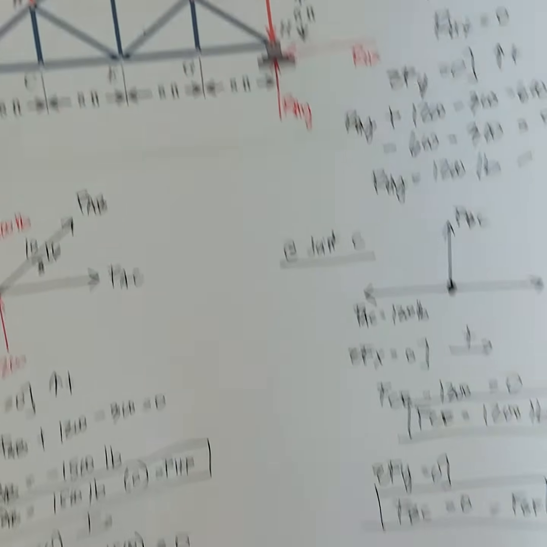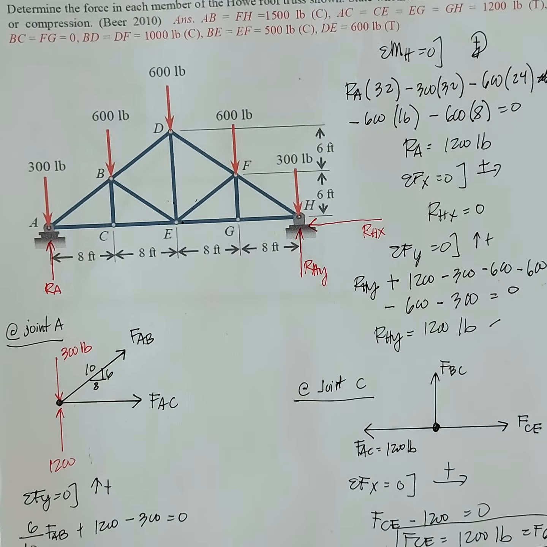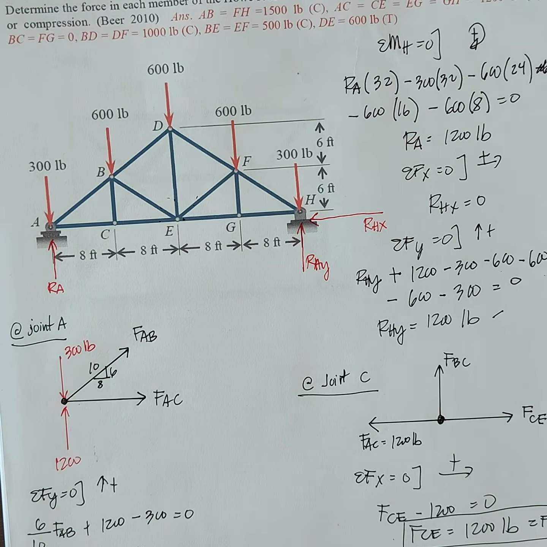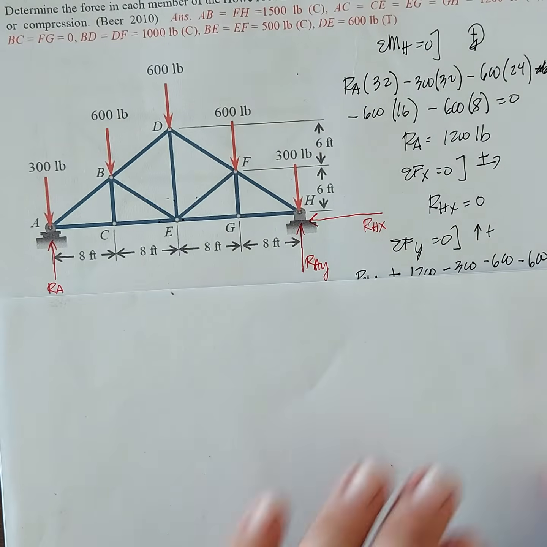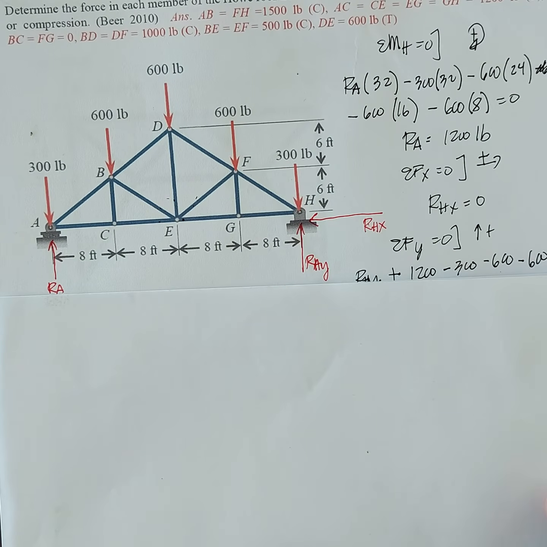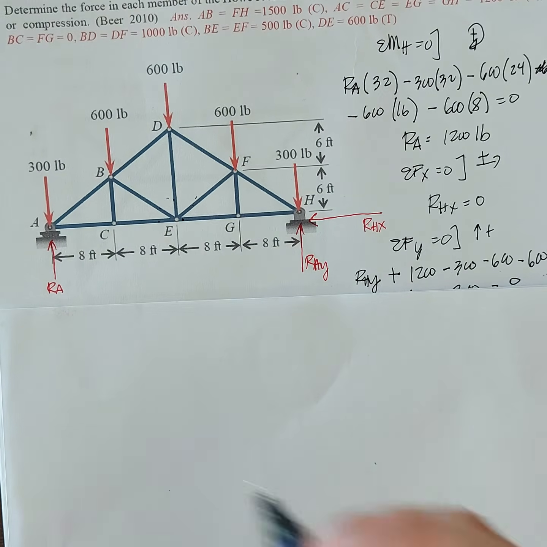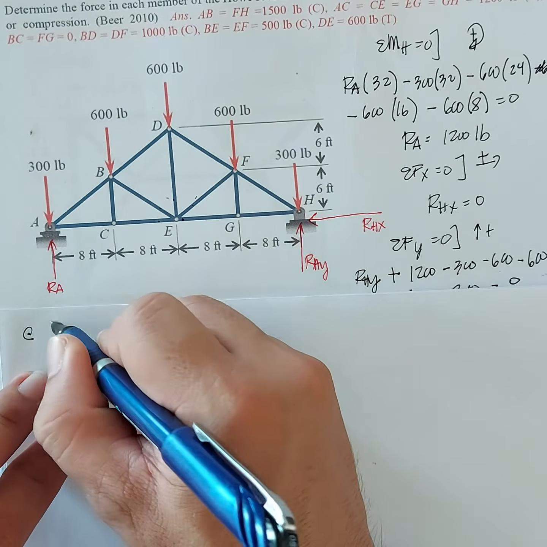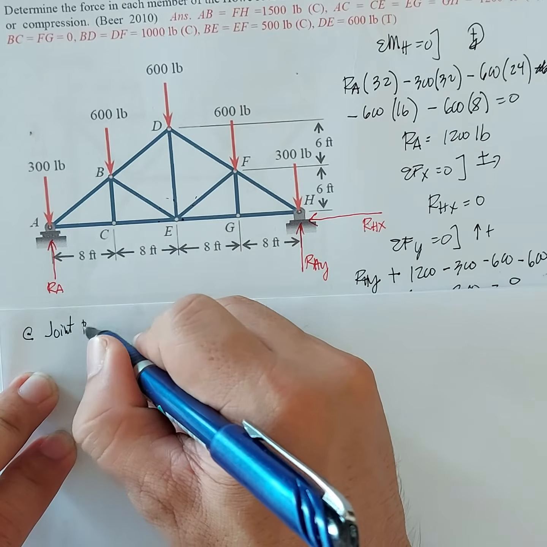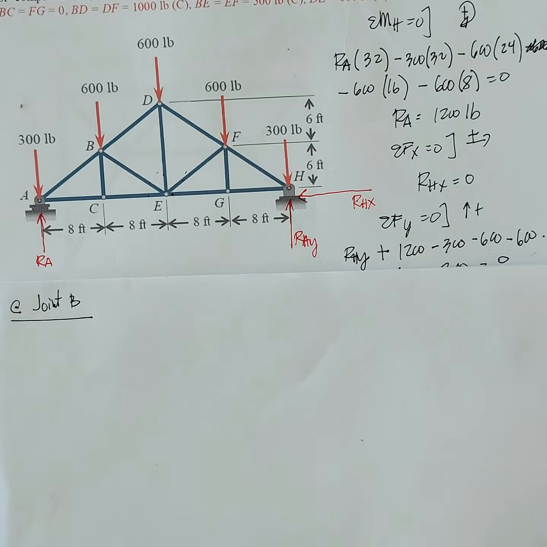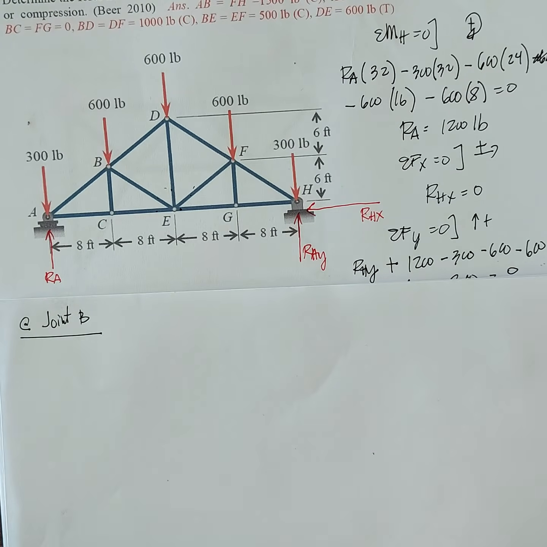Itong dalawa na lang ang natitirang bar force sa may joint B. Okay? So, let's solve for FBD and FBE. Takpan na lang natin ito. Ganyan na lang. Okay. So, joint B. At joint B, let's draw the free body diagram.